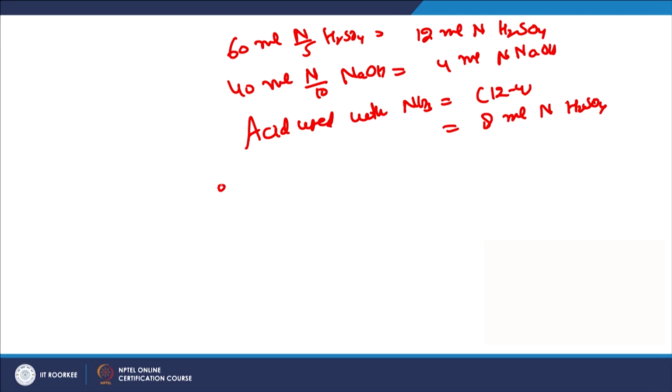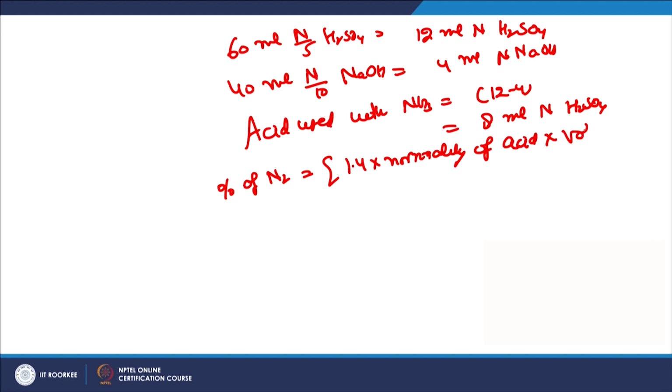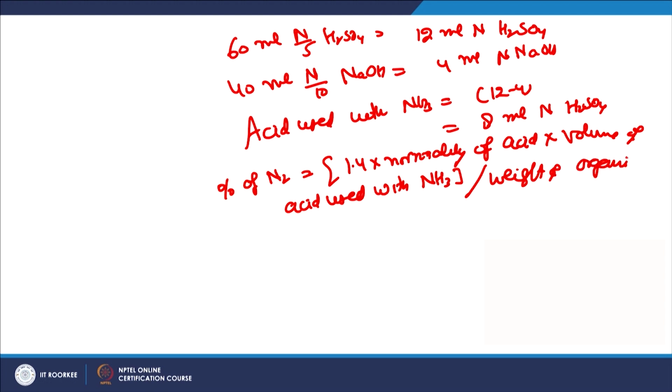So the percentage of nitrogen is equal to 1.4 into normality of acid into volume of acid used with NH3 divided by weight of organic compound.